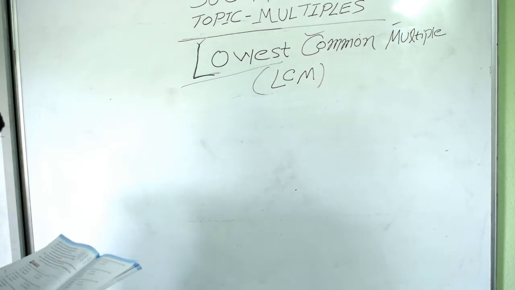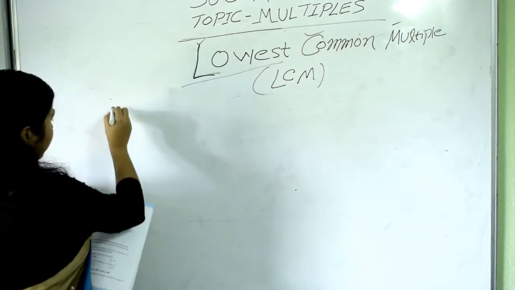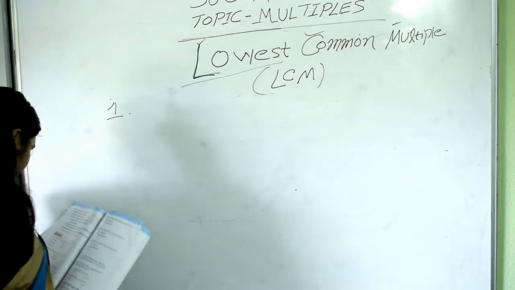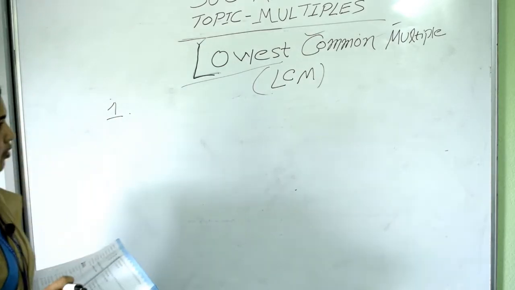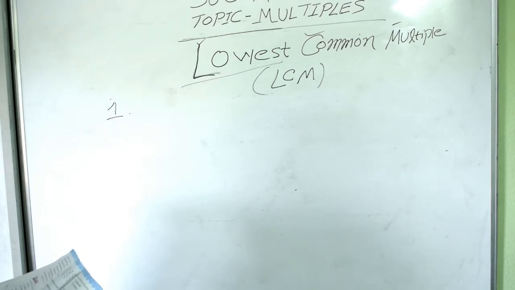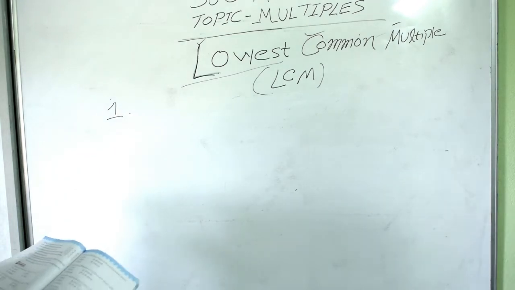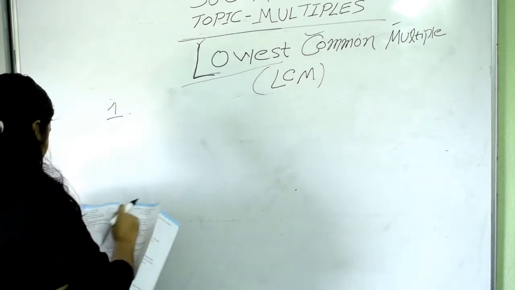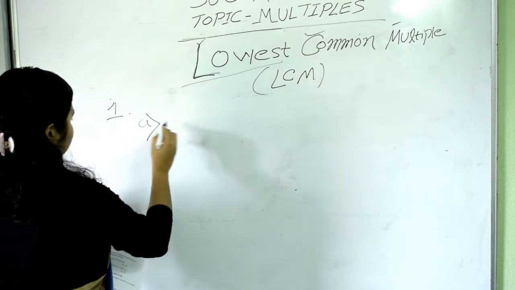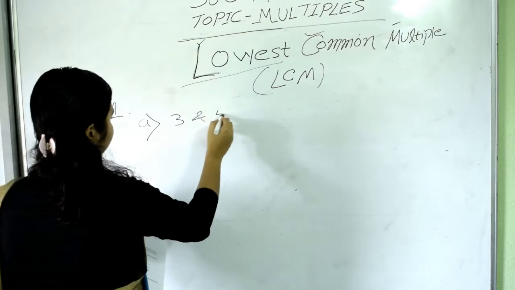Now come to your exercise 3.5. First question. Find the LCM of the following numbers on a number line. So first find the LCM. The first one, 3 and 5.